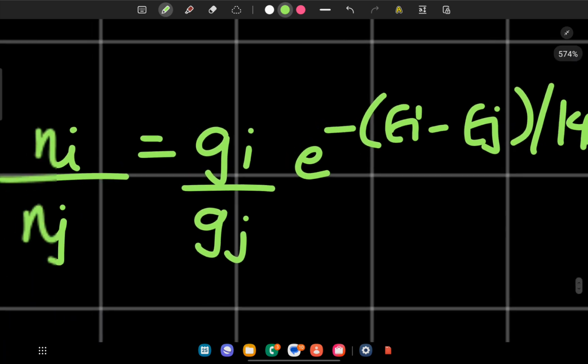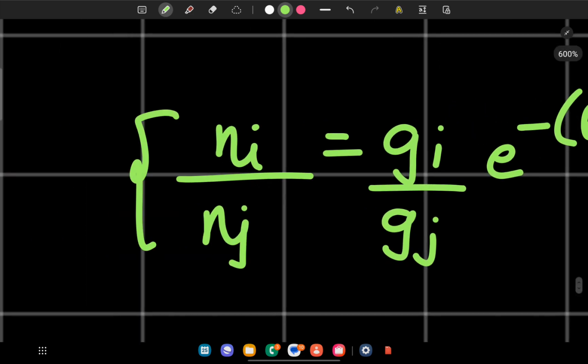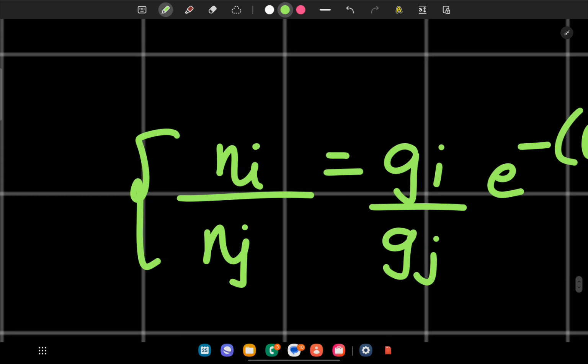Gi and Gj are the degeneracy of those particular energy levels. Ni and Nj represent the number of molecules, the population of molecules or entities in that particular energy level. i and j are the energy levels, the ith and jth energy level.